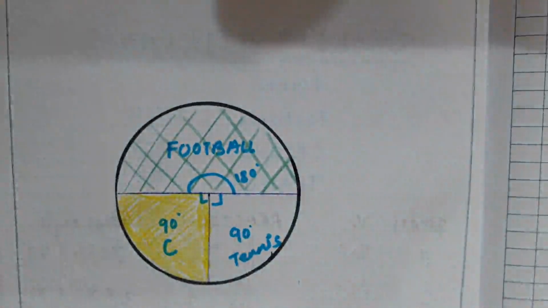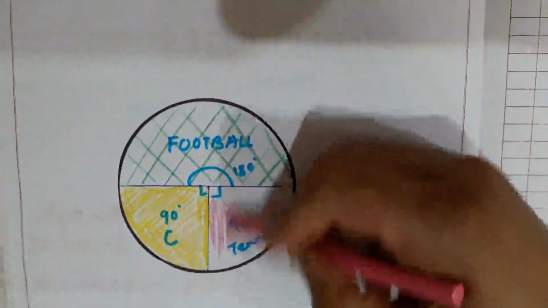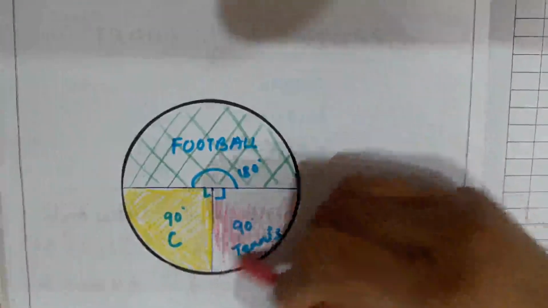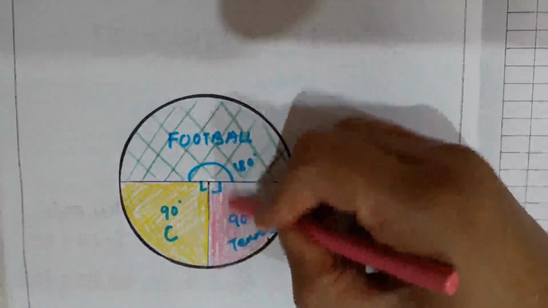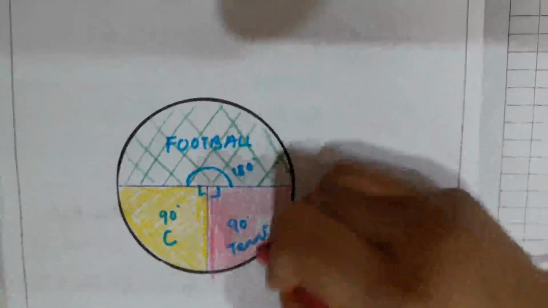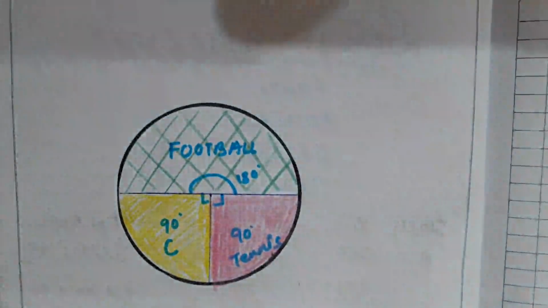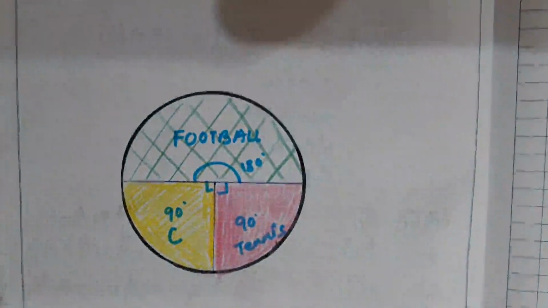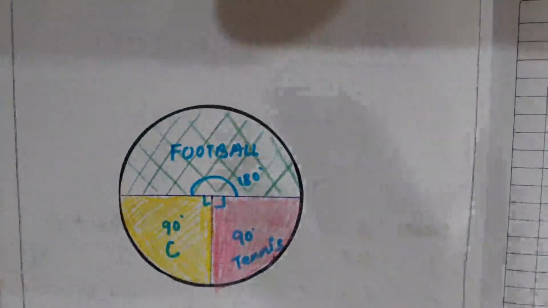Okay, now this pink portion represents your tennis. So in this way you can easily decorate your pie chart, and you can represent your data in a beautiful form. You can use different signs also, you can use different colors also, anything you can use. Okay, now let's move to the next topic.